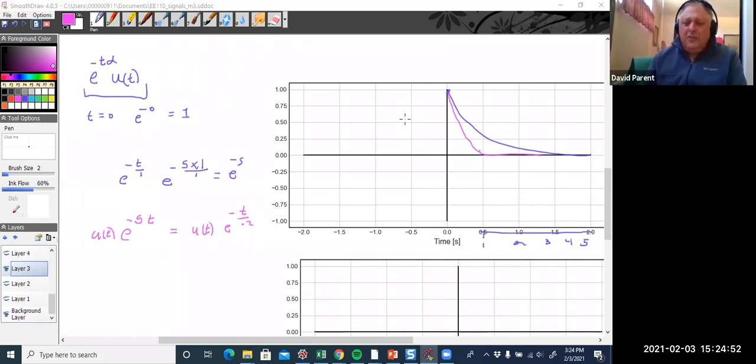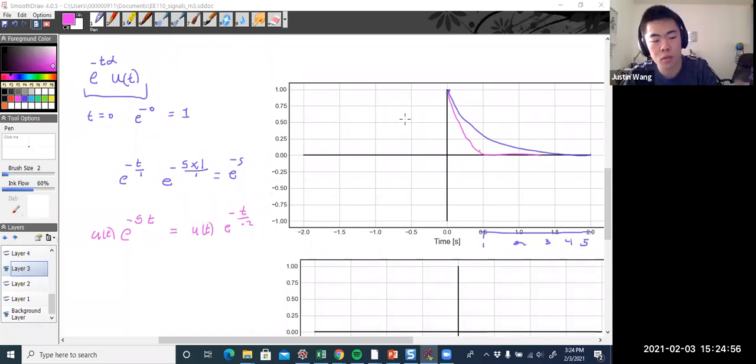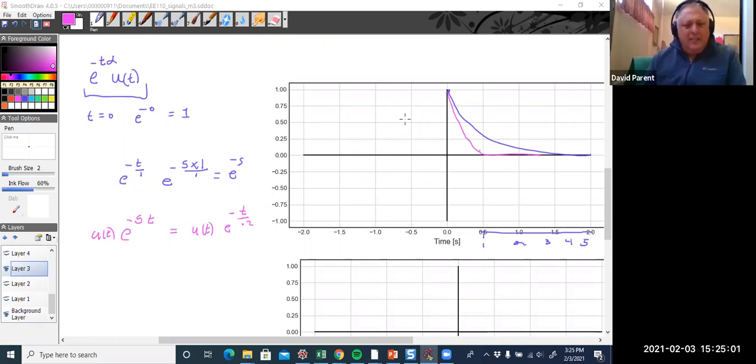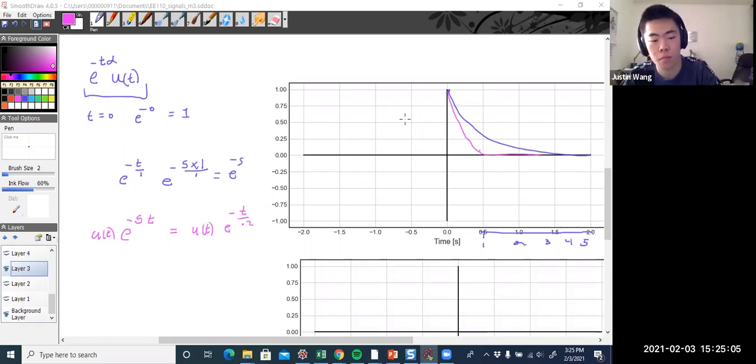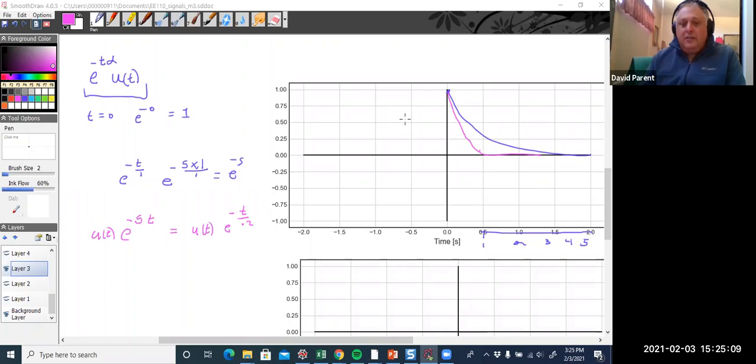I'm sorry, could you just slow down a little? I didn't quite catch that. Static state? The period he's referring to, the 5? That's just the one you were just talking about. Yeah. So what I'm saying is 5 tau is how long it takes to go down to 0 for an exponential decay.